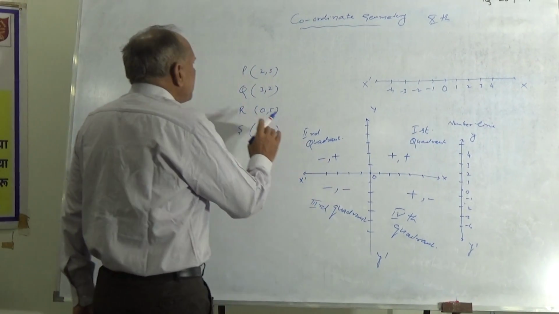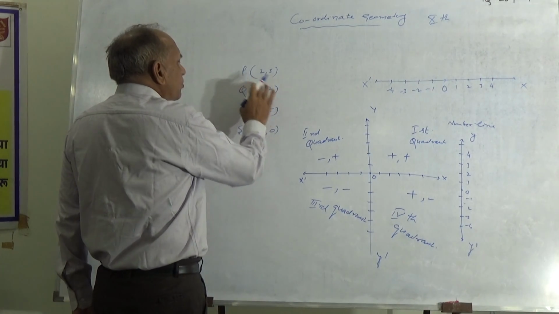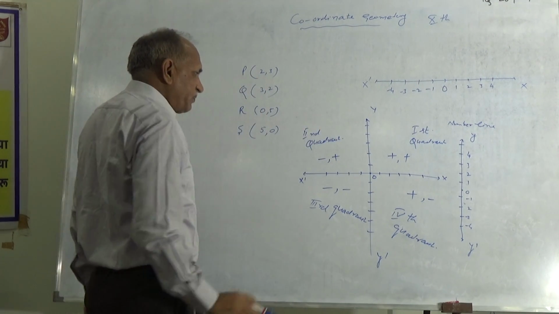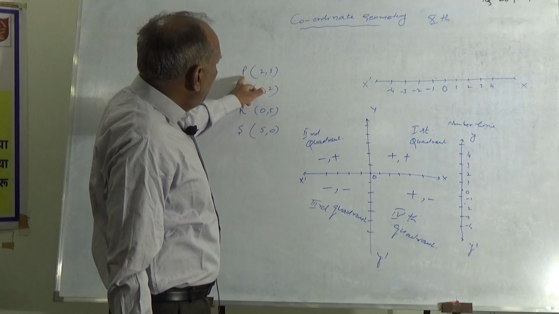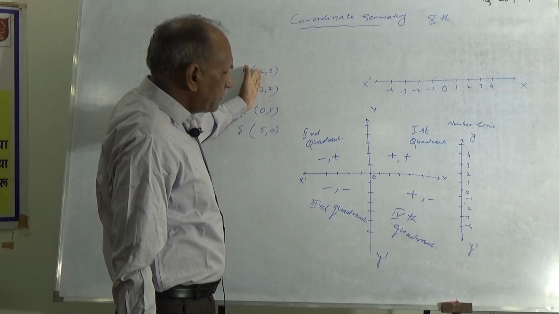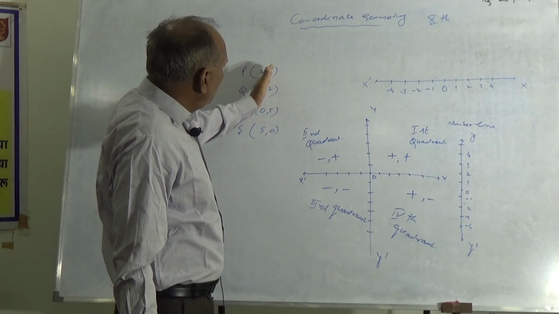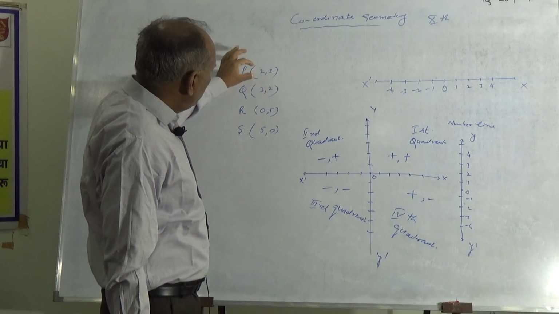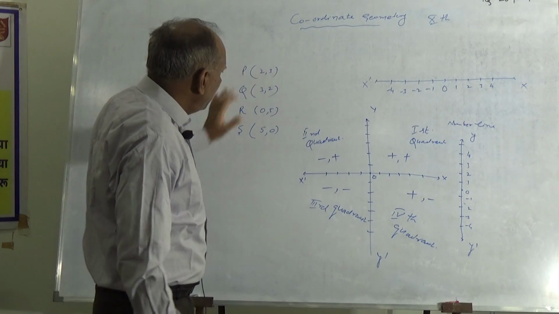In this plane, we have to locate the point P. P is (2, 3). The first value is always the value of x, and the second value is always the value of y. So this is x and this is y.